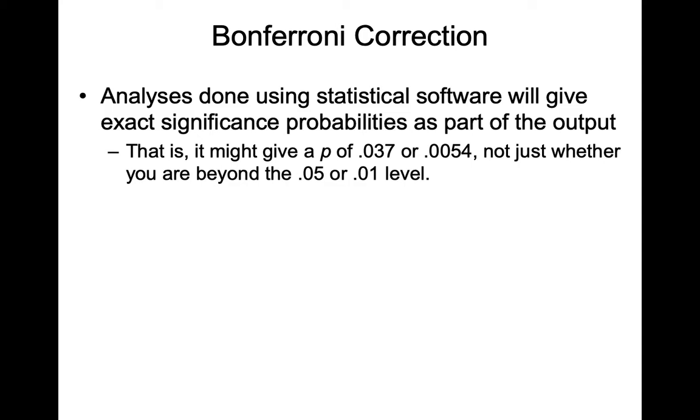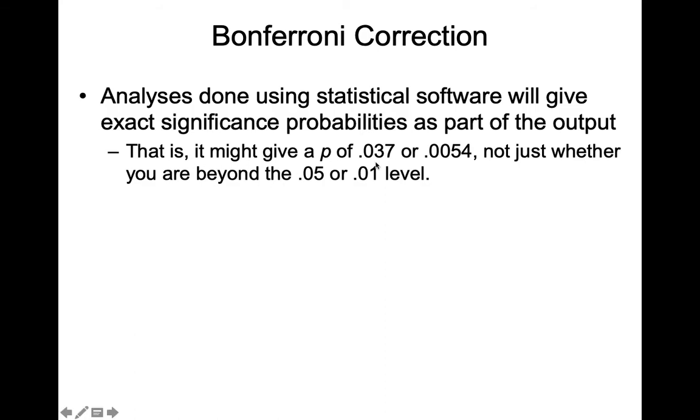Not just whether you've surpassed the critical level at either the 0.05 or 0.01 level. Okay, so in other words, using statistical software, it doesn't have the step of having to look up a critical value in a table. That's what statistical software allows us to do.